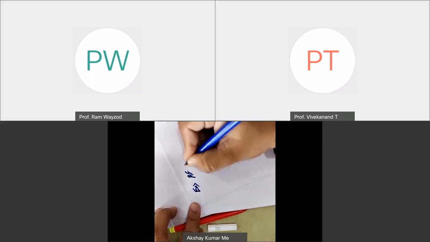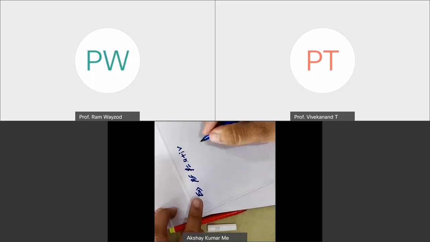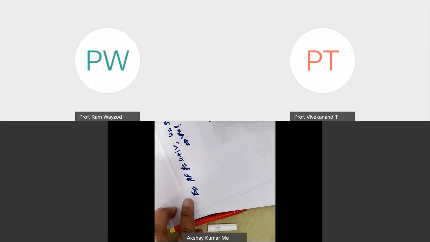For an analytic function f equal to u plus iv, and u is equal to 3x square minus 3y square, we have to calculate v.